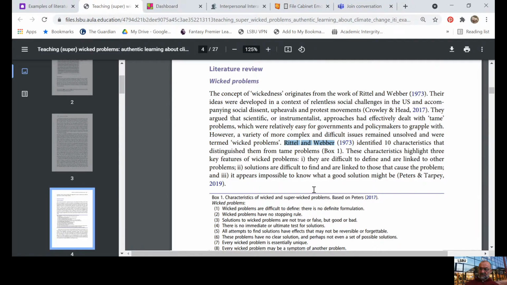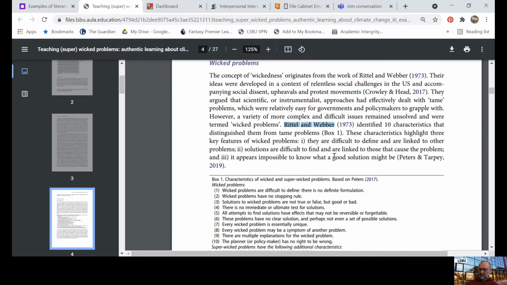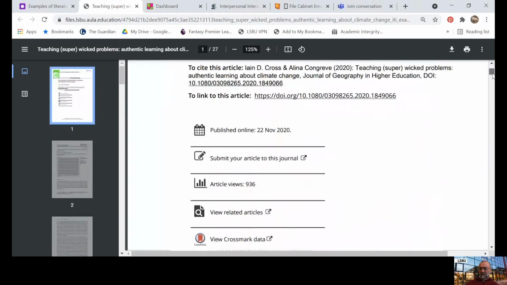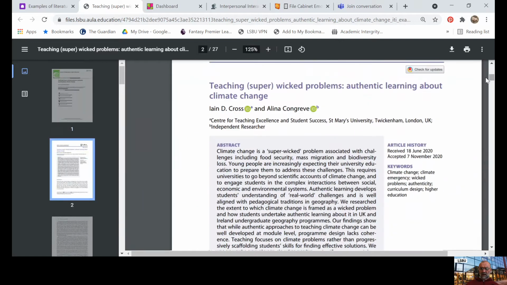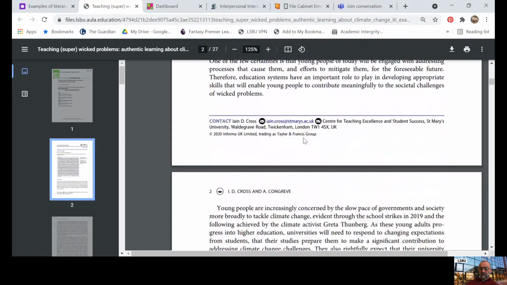It's more to understand that here the authors of the journal article are using other authors to establish meanings. It's important to note that the authors of the journal article, so let's just clarify who they are, are Cross and Congreve. Okay, so Cross and Congreve are using the work of other authors to build their literature review.